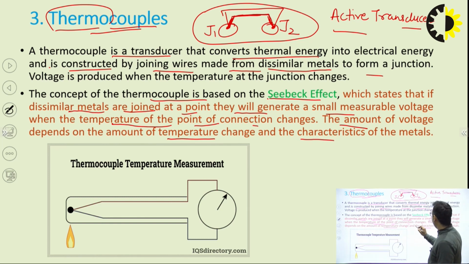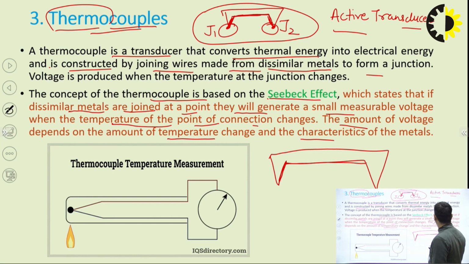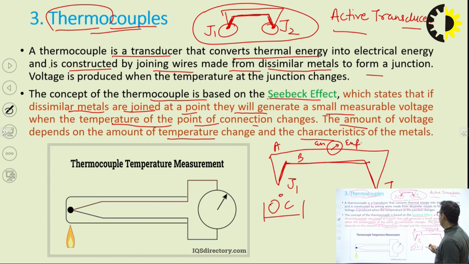What is the Seebeck effect? When two junctions are formed by using two dissimilar metals, say A and B, and these junctions are kept at different temperatures, say this one is kept at 0 degree Celsius and this one at, say, 150 degree Celsius, then due to the difference in these two temperatures, we get an EMF in the outer loop of this circuit, and this effect is termed the Seebeck effect.